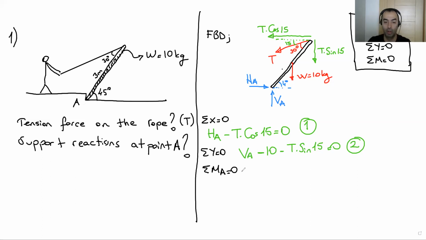So we have total MA equals 0. Remember, with a pin support the moment is 0 at this support. So we are going to write this equation.